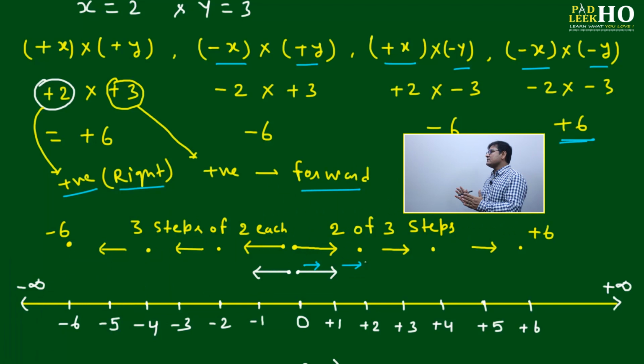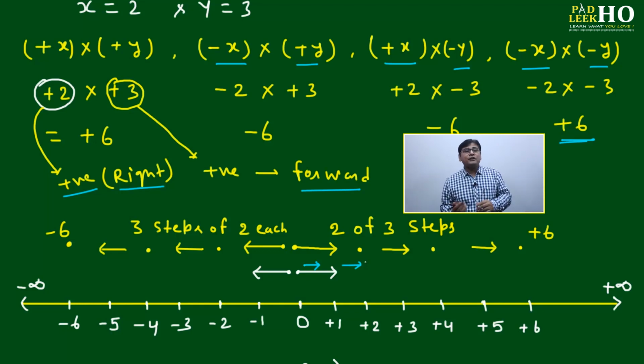Now the second number's sign will decide how you move. From the first number's sign it is confirmed you look right hand side, plus infinity side. The second number's sign will show whether you go this direction or that. Your body direction or eye direction will not change, only the direction of movement will change. Second number, if positive, go forward. If negative, go backward.